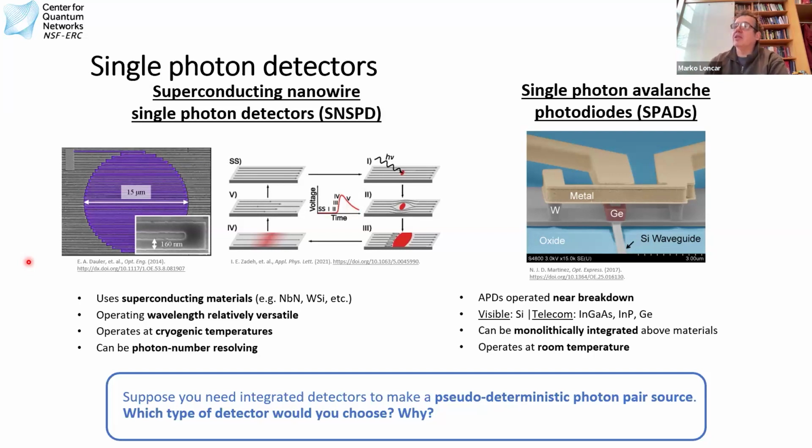The way around this is to make so-called photonic crystal waveguides, or broadly speaking, slow light waveguides that have increased density of optical modes. Density of optical modes is proportional to 1 over group velocity, and we talked about the group velocity at the beginning. So you need very flat dispersion, and then the density of optical states that the emitter can couple into is very, very large. A quantum dot in such a photonic crystal waveguide can couple quite nicely, and you can make an extremely efficient and bright source of photons.